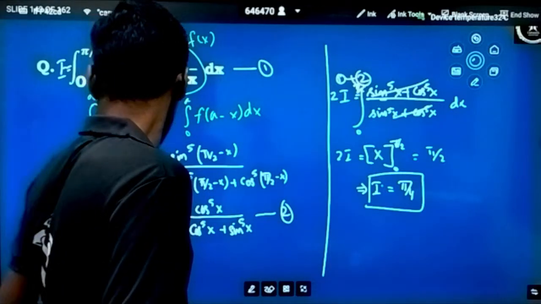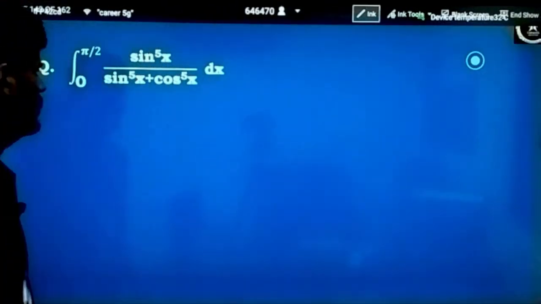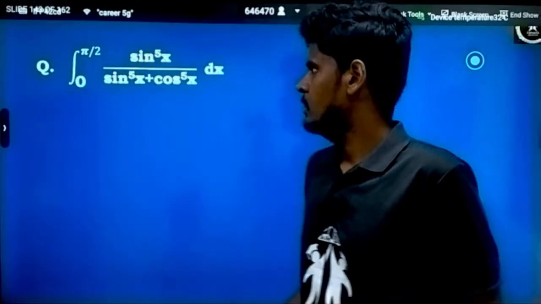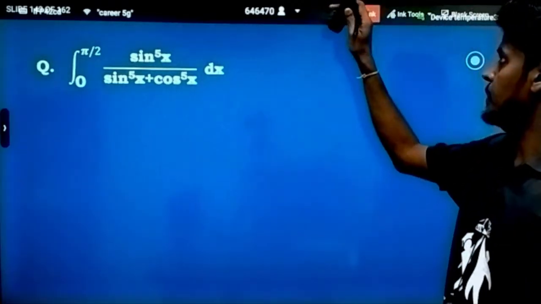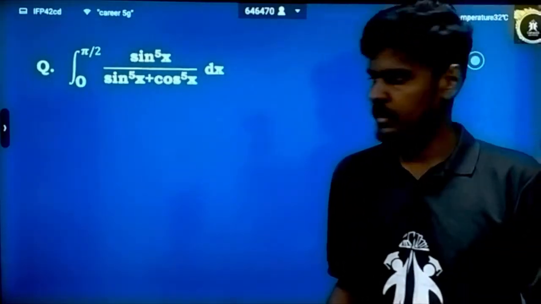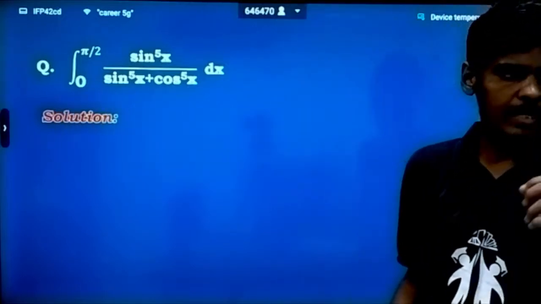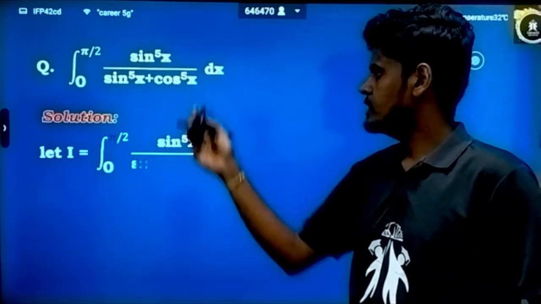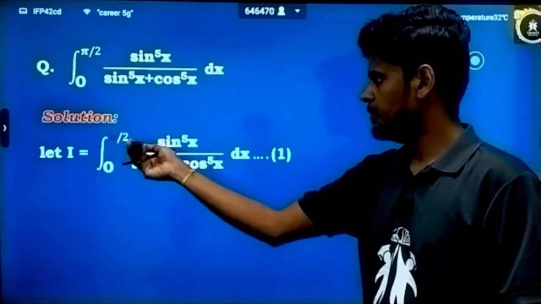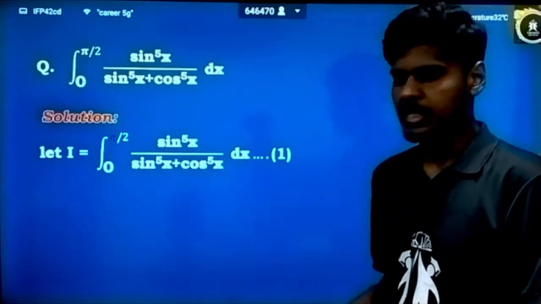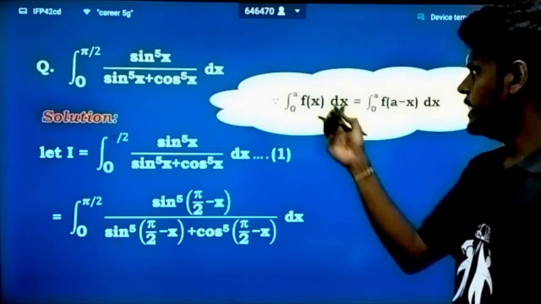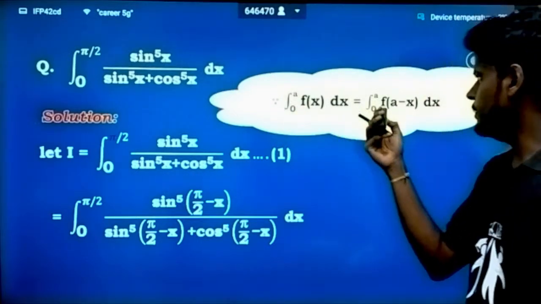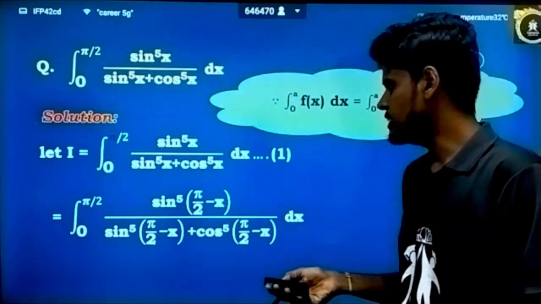Now we will see the solution. Most questions will be based on these properties of definite integrals, so you should be very, very thorough with this. Now, the integral from 0 to pi by 2 of sin power 5x divided by sin power 5x plus cos power 5x. Let this be 1. We will use the property integral 0 to a of f of x equals integral 0 to a of f of a minus x.